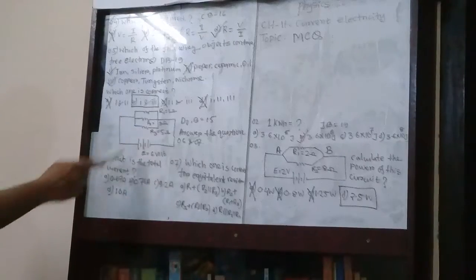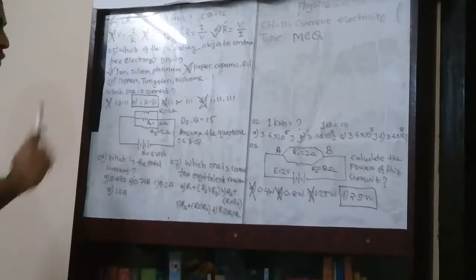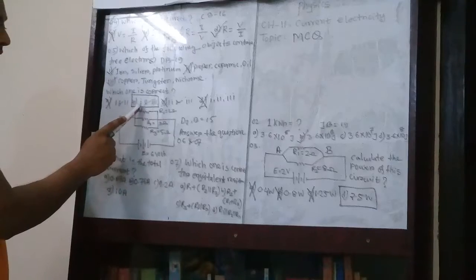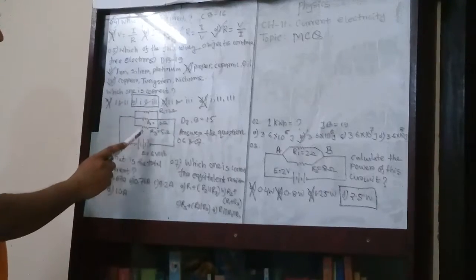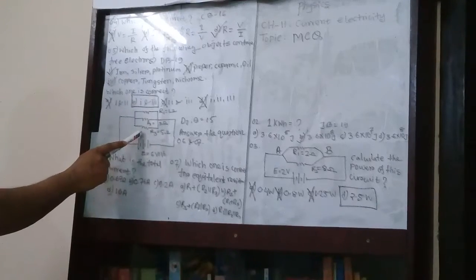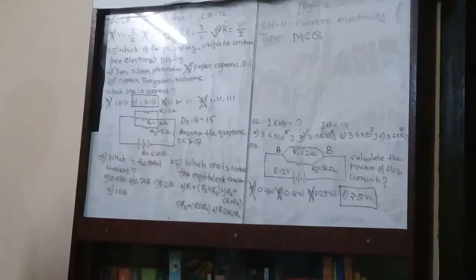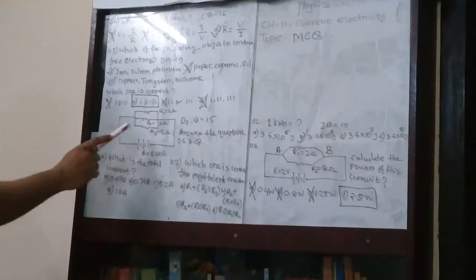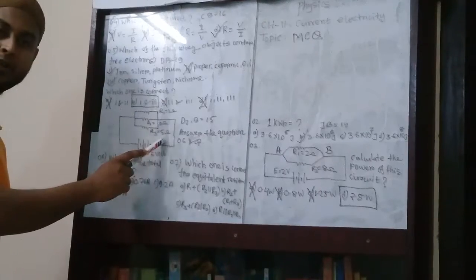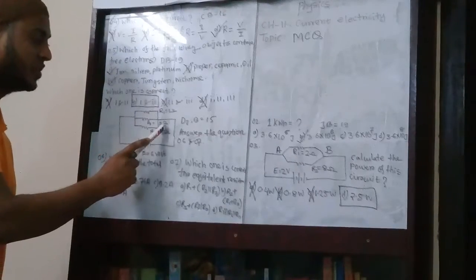Boys and girls, in this circuit there are 3 resistors: R1, R2, and R3. R1 is 1 ohm, R2 is 3 ohm, R3 is 5 ohm.